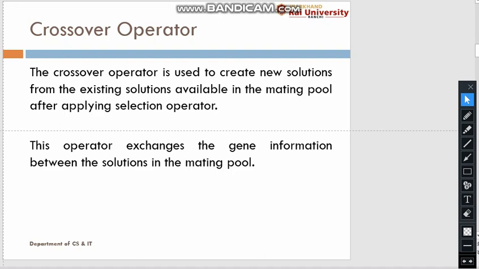This operator exchanges the gene information, or you can say that they exchange the genetic material between the solutions in the matching pool. In the matching pool, we keep all the fittest individuals, and then the crossover is done between the two individuals in order to produce the new offspring.